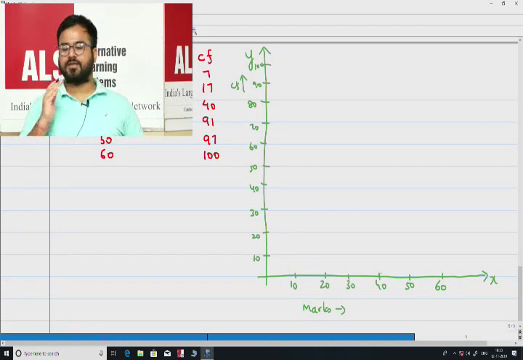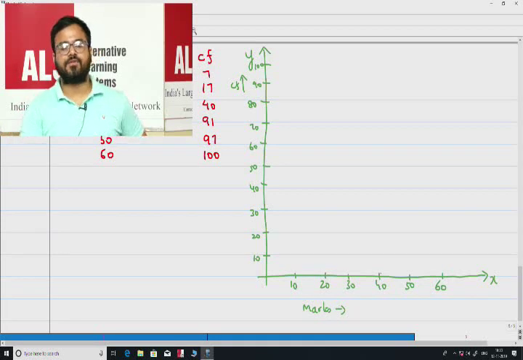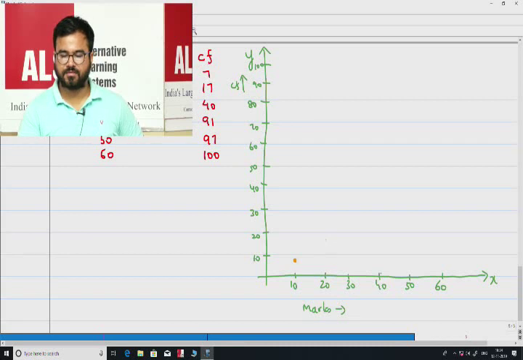So after writing the cumulative frequency on the y-axis and the less than marks on the x-axis, we just have to plot these values. Plotting these values means, like the first one is 10 and 7. So 10, 7 we have to plot. It will be somewhere over here. Then 20, 17. Then 30, 40.